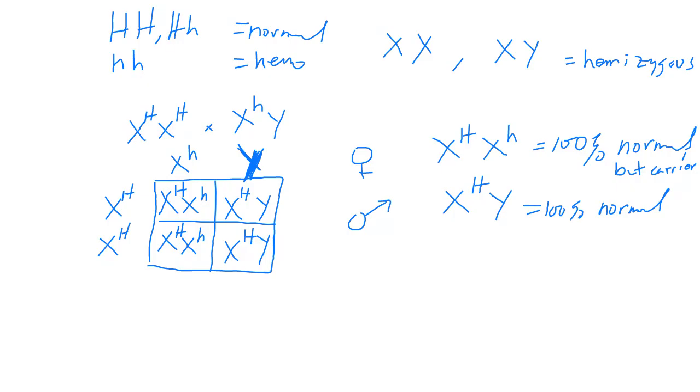But all the females will have normal clotting, right? Because they have one normal allele. So if you're heterozygous, you're normal, right, for clotting. In this case, all the males will receive the normal allele. So all the males are all good.